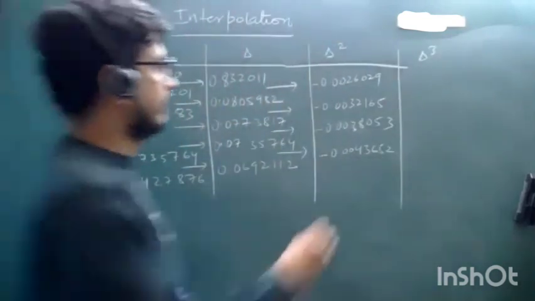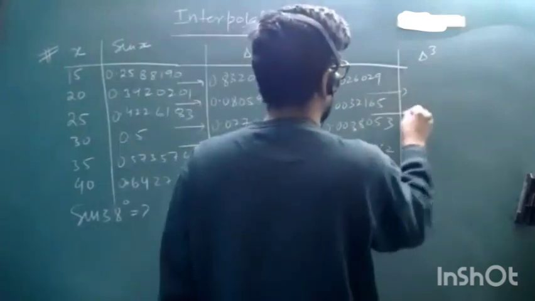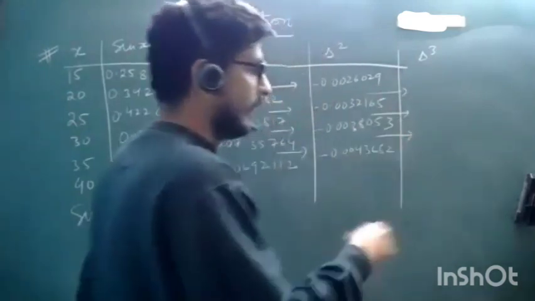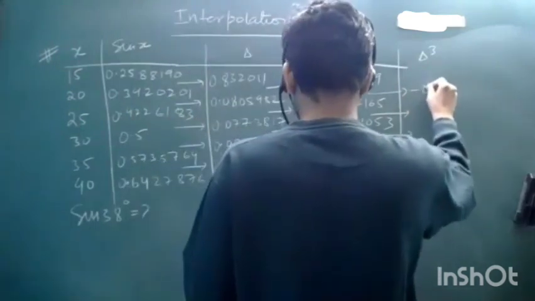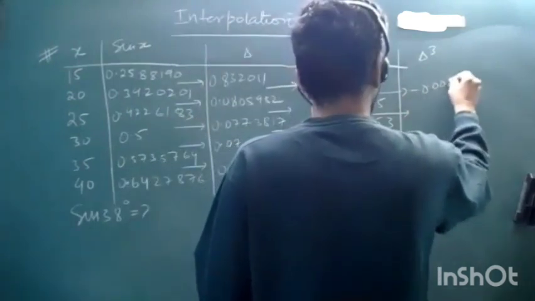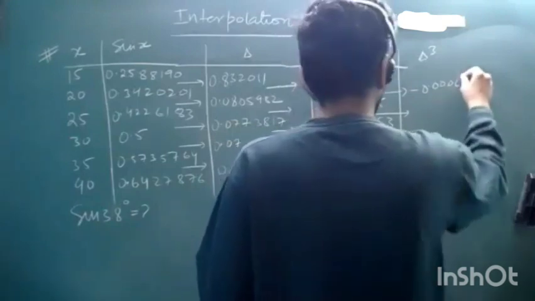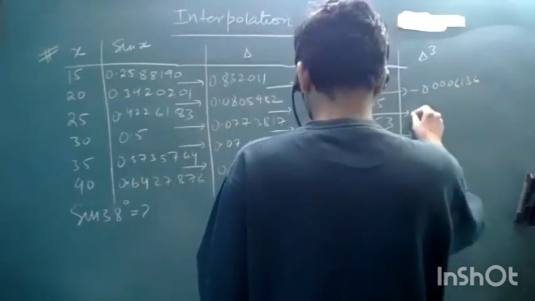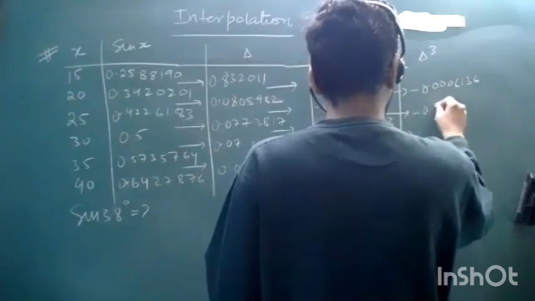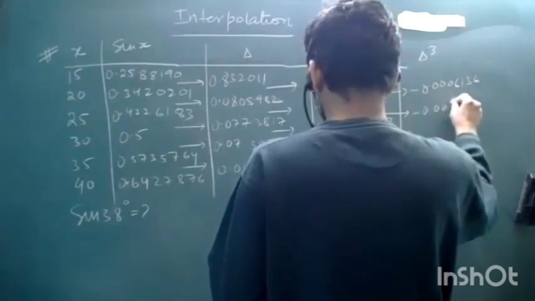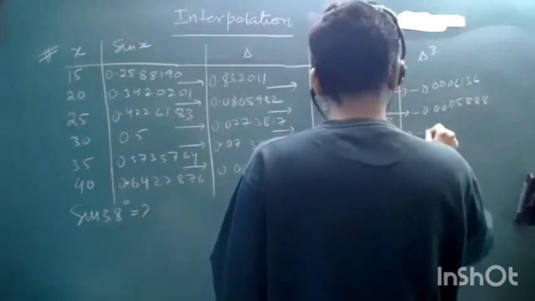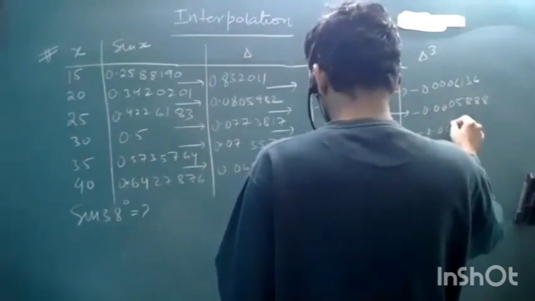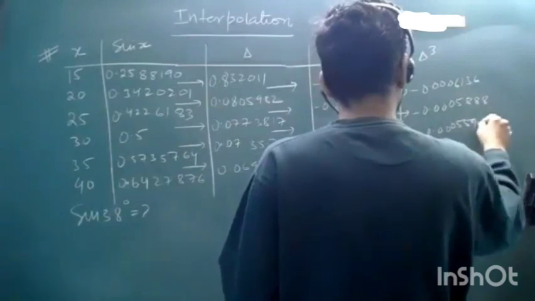and similarly del cube. Now how many values will be there? 1, 2 and 3 values, then 2 values, then 1 value. So 3 values will be minus 0.0006136, minus 0.0005888 and minus 0.0005599.